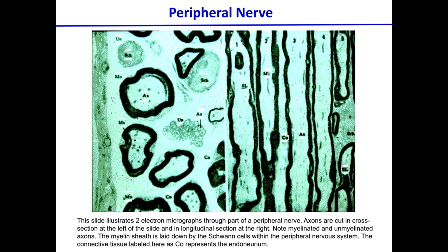Now this one is a composite of two different things. On the left side, there is the same picture as before. The neurons have been cut transversally, and therefore you see the layers of myelin that are surrounding the axons.